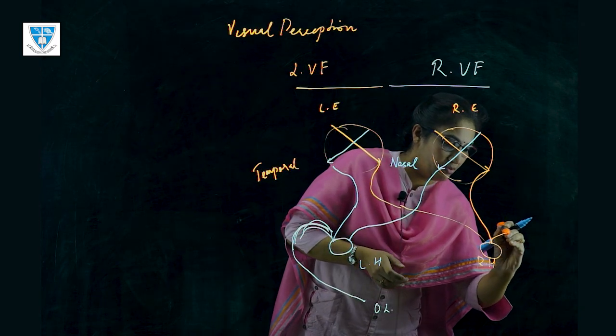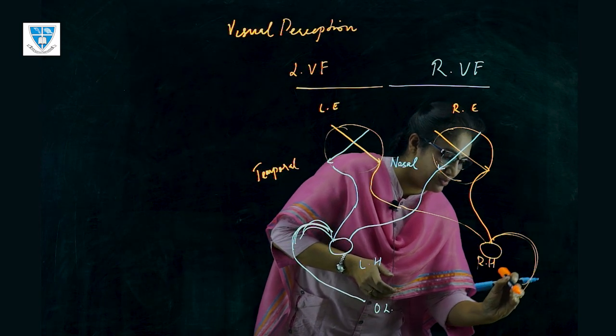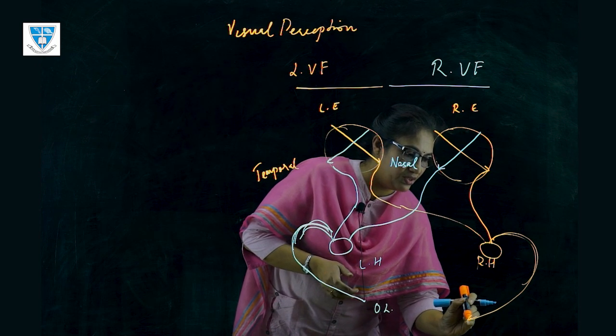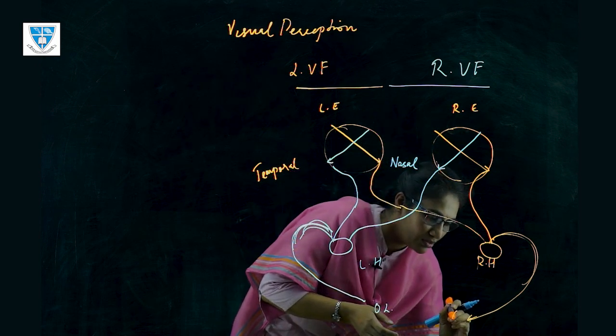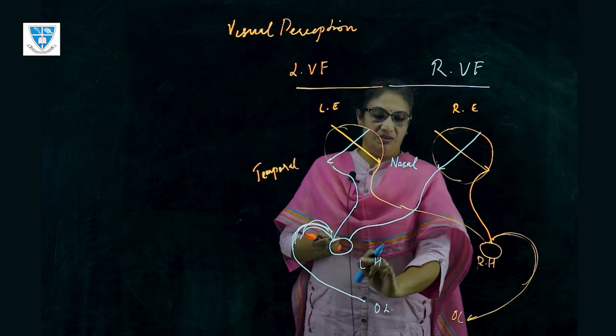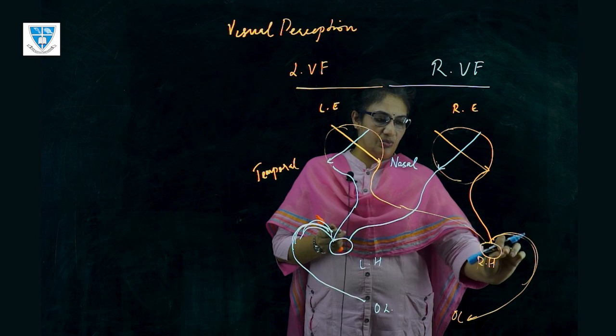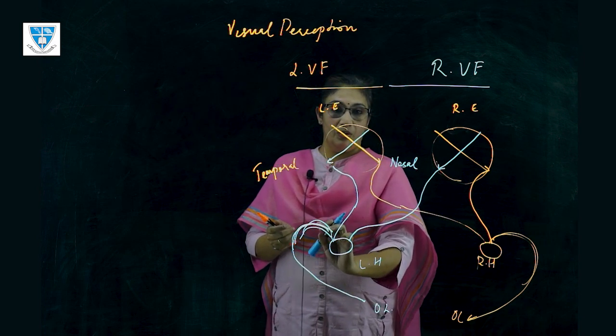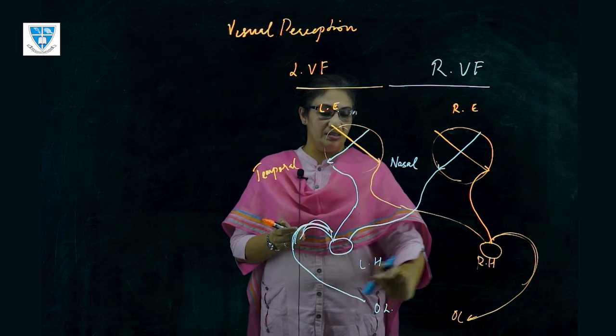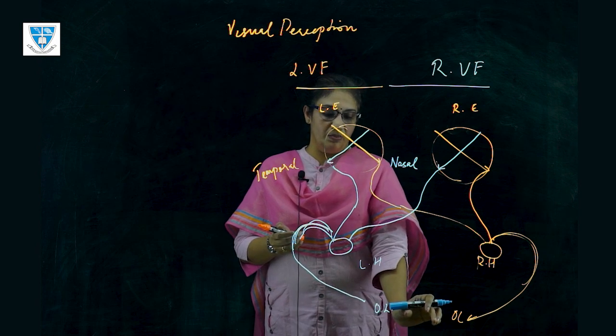I will tell you the reason why it radiates. Now, why is it radiating? Here is where our lateral ventricle lies. This is how information reaches the brain.